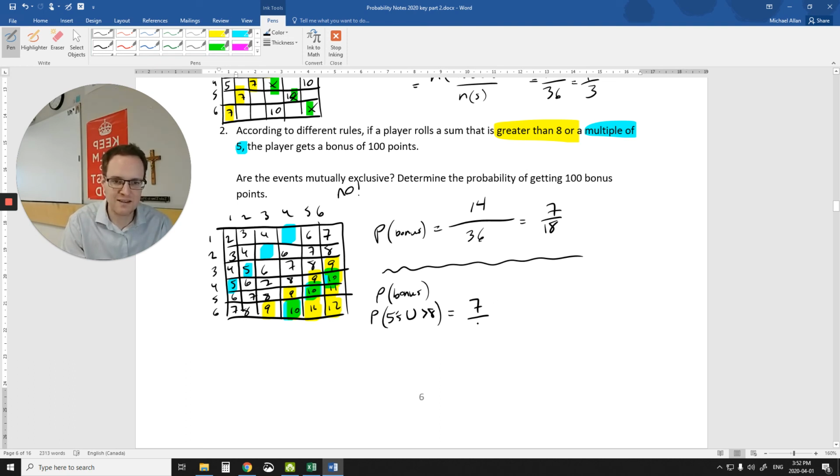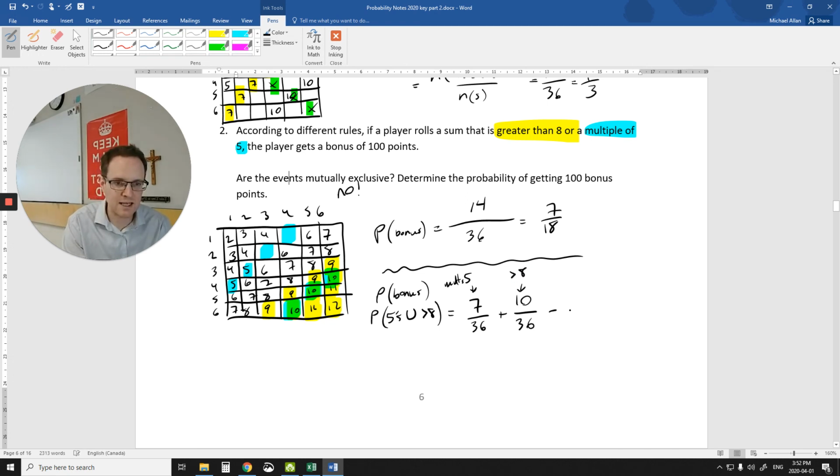So 7 out of 36 to get the multiples of 5. Then the probability of getting the other ones: 1, 2, 3, 4, 5, 6, 7, 8, 9, 10. Yeah, 10 out of 36. That's for the greater than 8s.